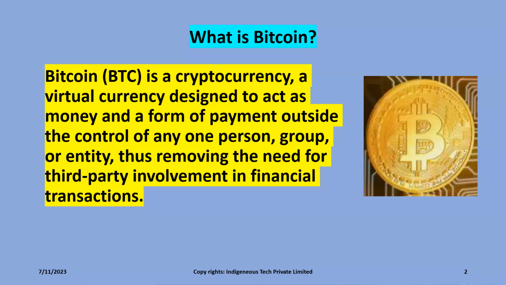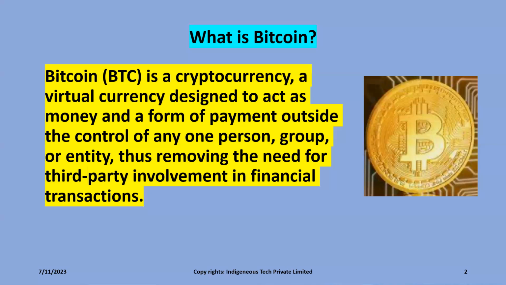So this Bitcoin is a cryptocurrency and a virtual currency which can be used as a form of payment, like we pay through Indian rupee. We can pay with Bitcoin. It will have its own value.